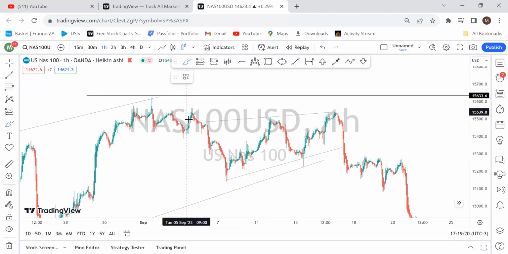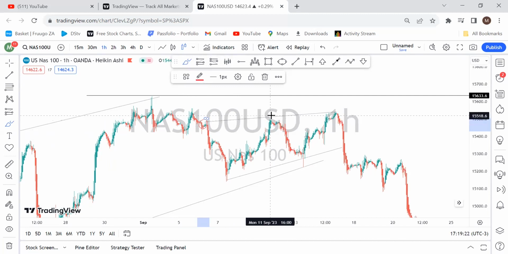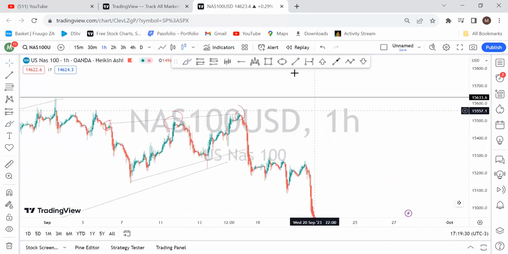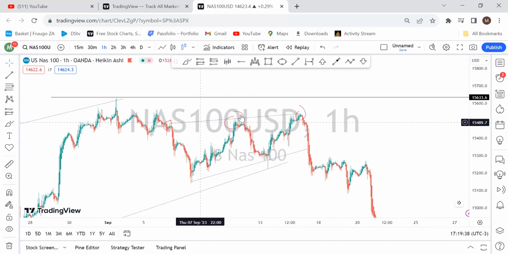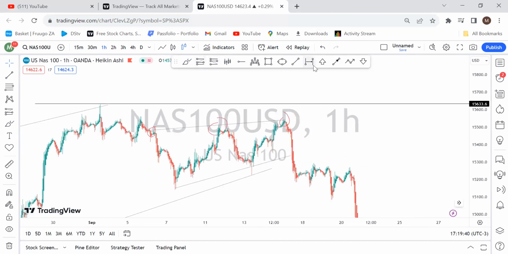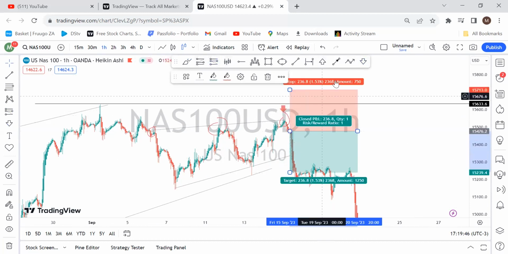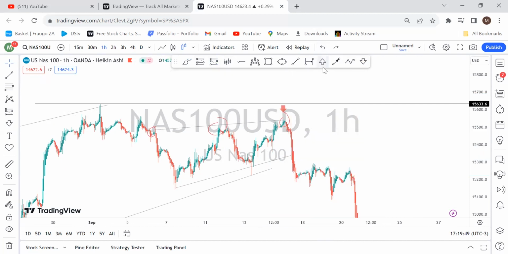So you can see the price corrects, giving us 3 touches on the resistance, because in the case of a sell, you focus on the resistance. In the case of a buy, that's where you're going to focus on the support. So we had 3 touches on our resistance, third touch being the highest probability, so you could have sold right there to the downside, right? That was the first setup.